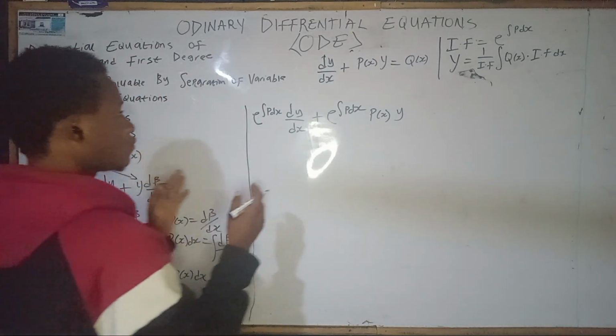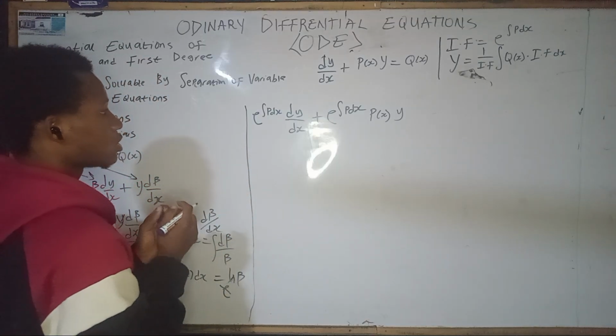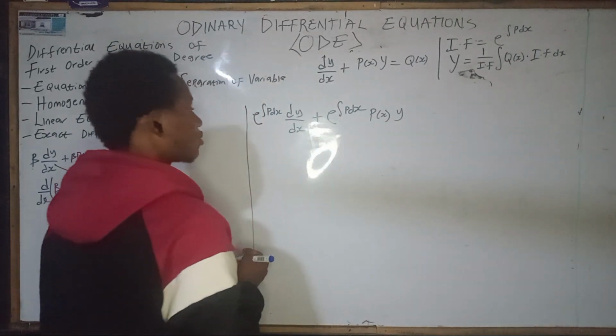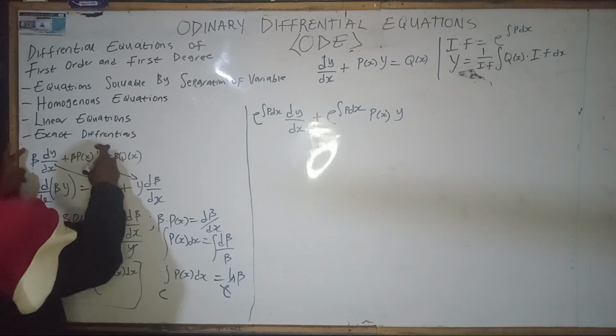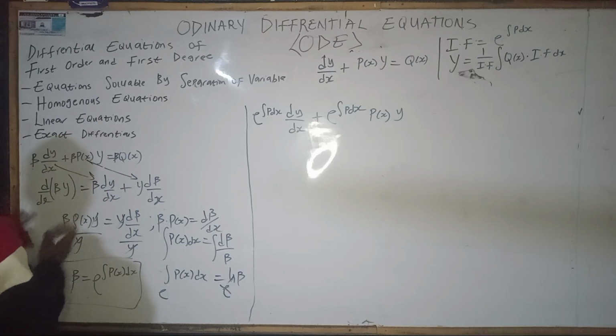So now if we look at this very well, we would notice that everything here can be simplified. We have done it already in a way that both of them can be simplified into this particular form.